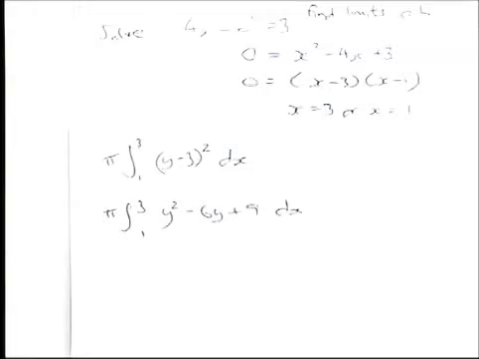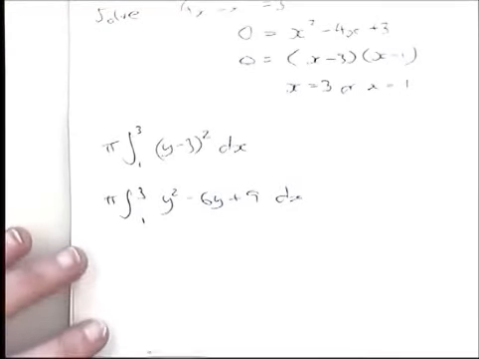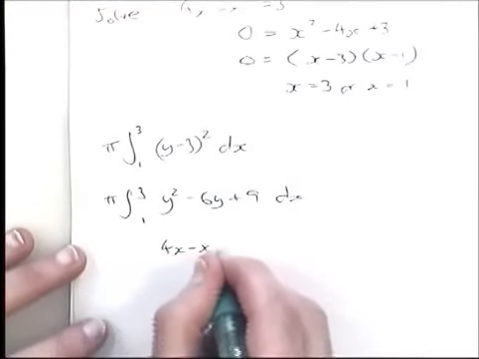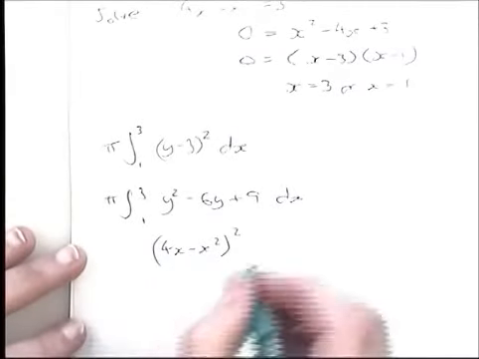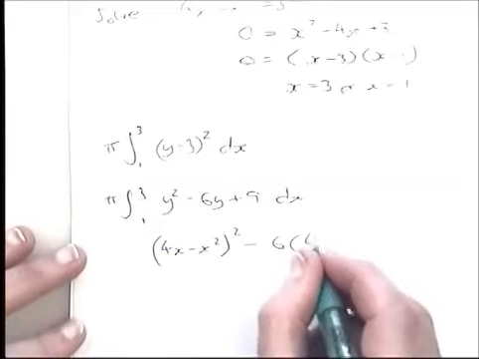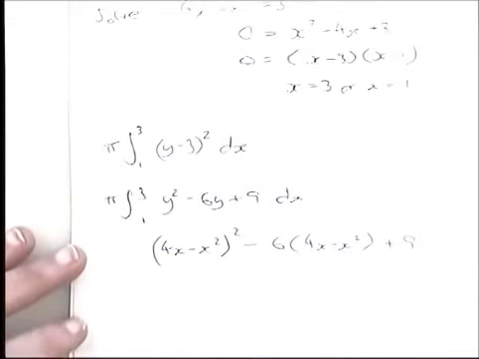And as far as the curve is concerned, Sam, that red curve we had earlier on, what was y equal to? 4x minus x squared. Yeah. So that's y squared minus 6y plus 9.